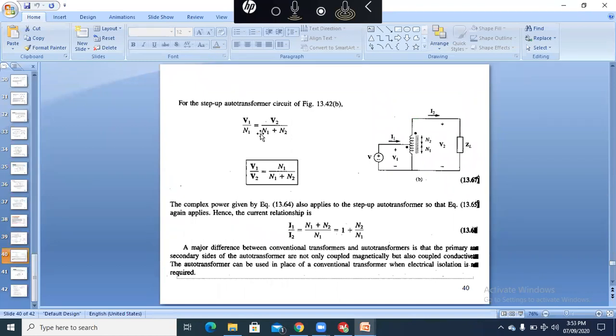So this is the step-up autotransformer in which the voltage V1 is increased at the secondary side.